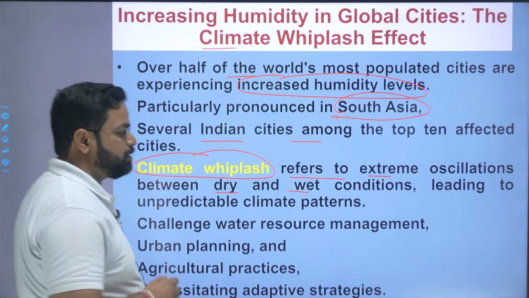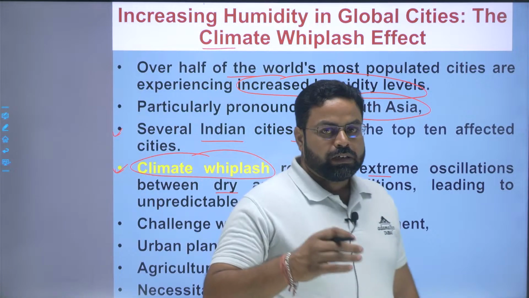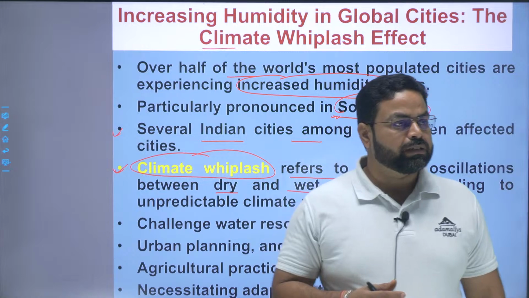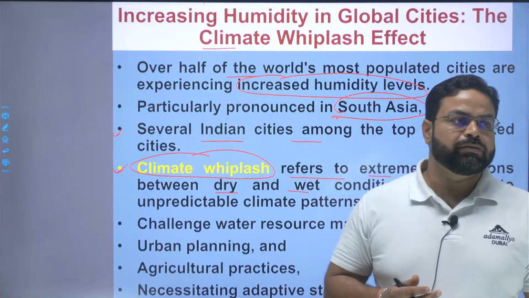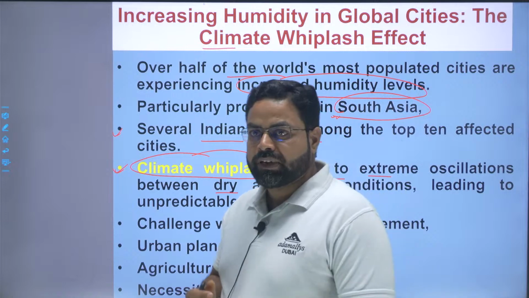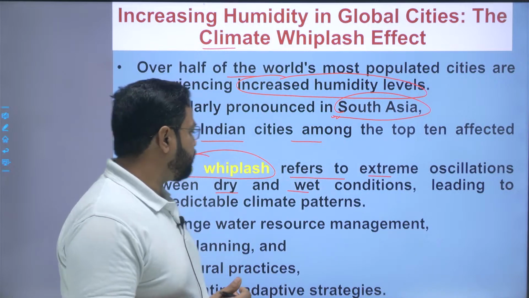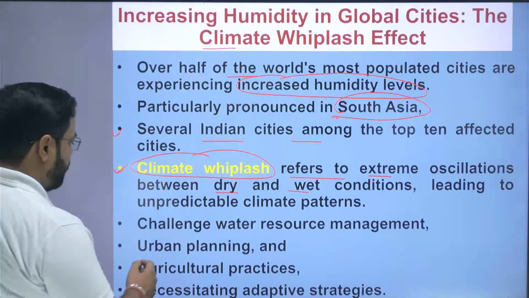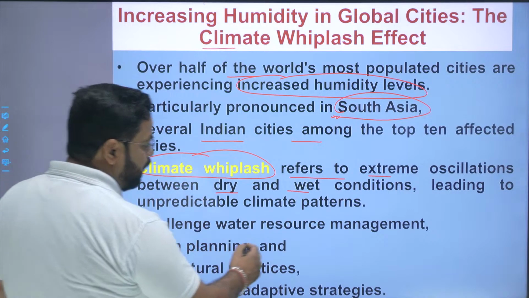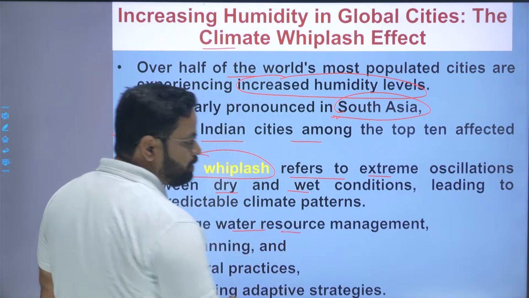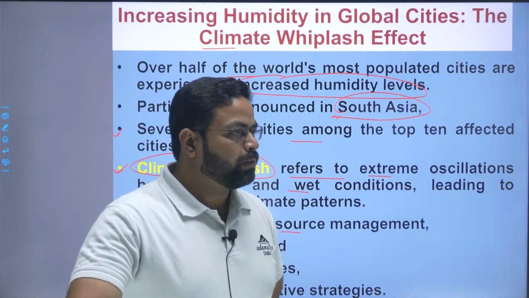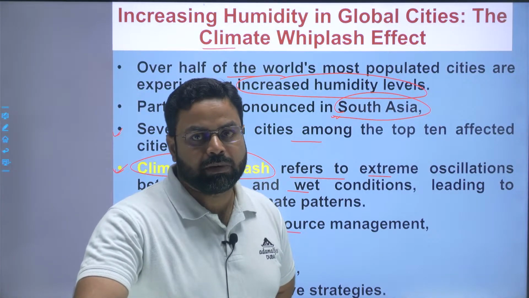The intensity of the dry condition will be extreme, as well as the intensity of the wet condition, and this causes various problems in management and other issues. So what are the challenges? First, water resource management becomes very problematic. The management of water resources should be done properly to address the problem.